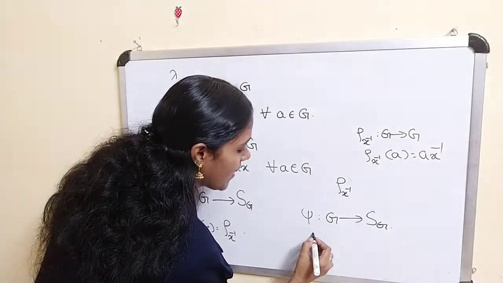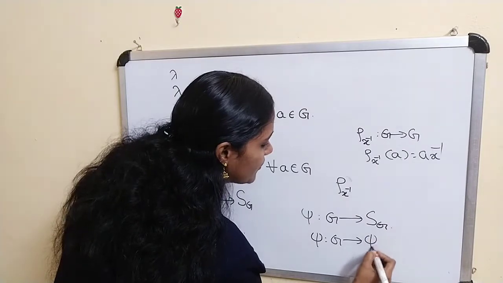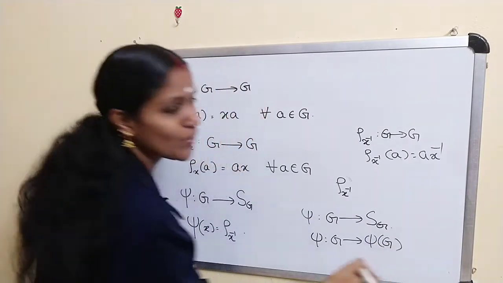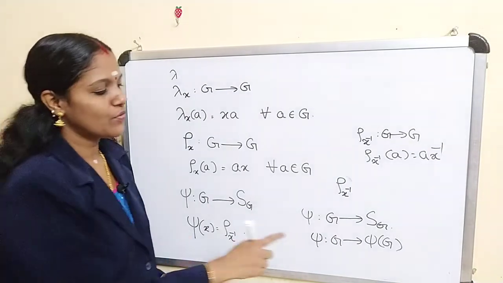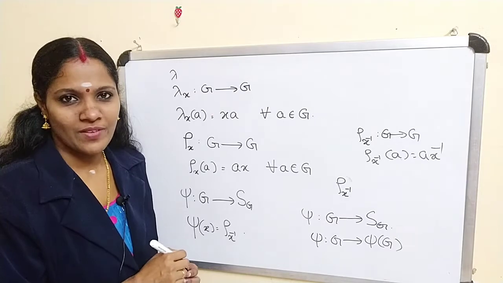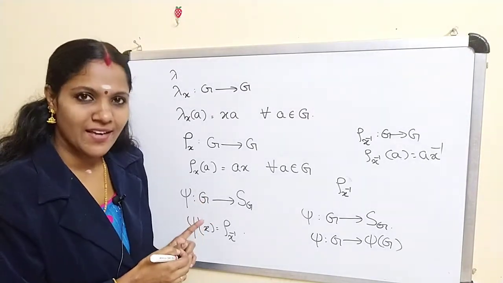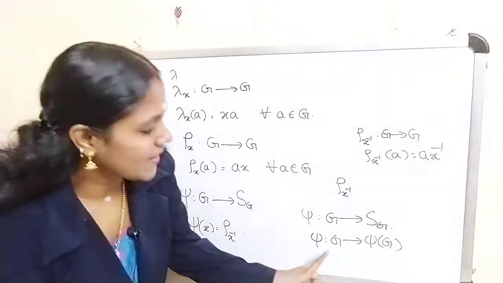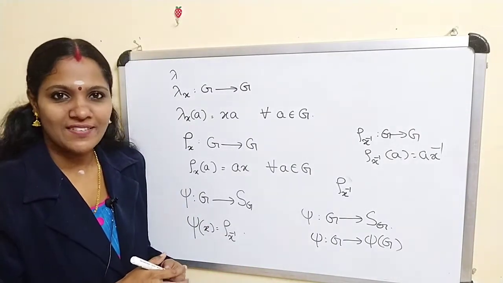Now, clearly the map psi from G to psi of G is one-one onto and it satisfies the homomorphism property. Therefore, G is isomorphic to a subgroup of S_G. Thus, here we get two maps phi and psi that define isomorphisms from G to a subgroup of S_G.